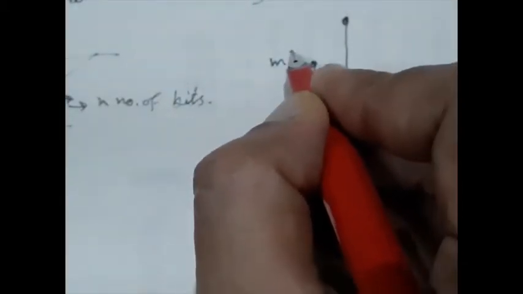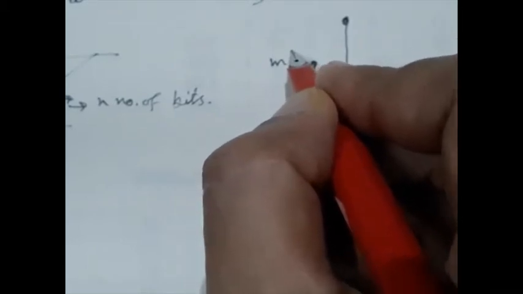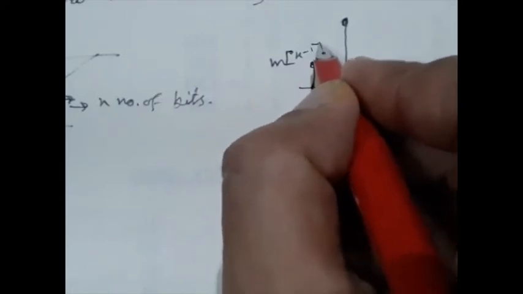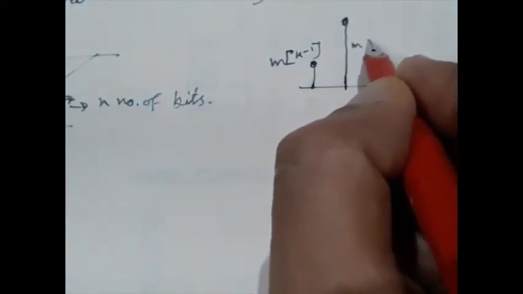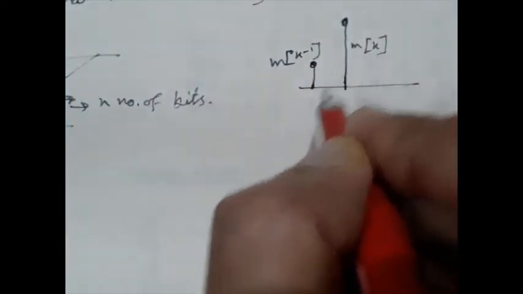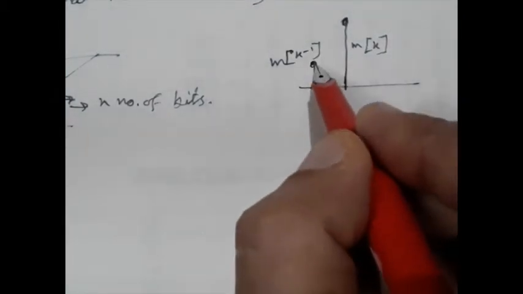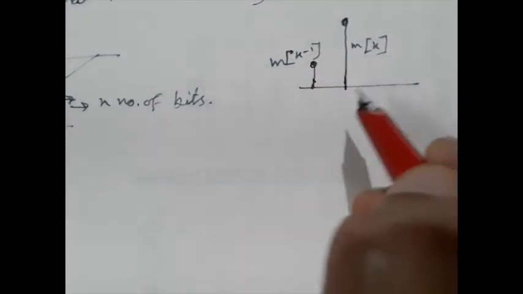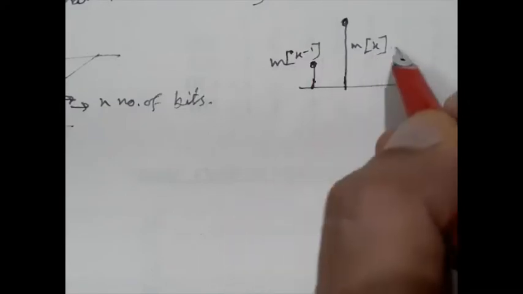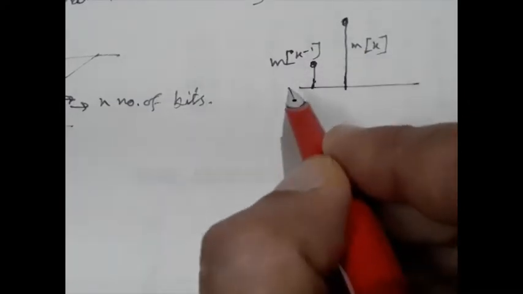So this one is, say, mk minus 1, and this one is mk. Suppose we have transmitted this mk minus 1. Next we have to transmit mk.